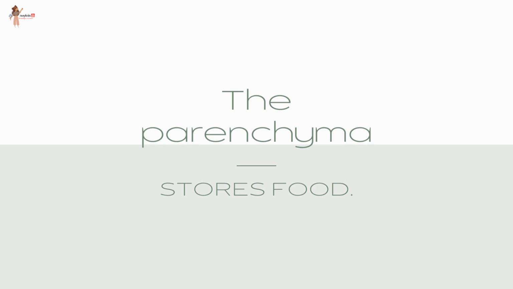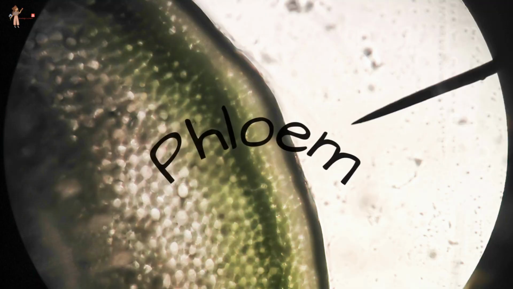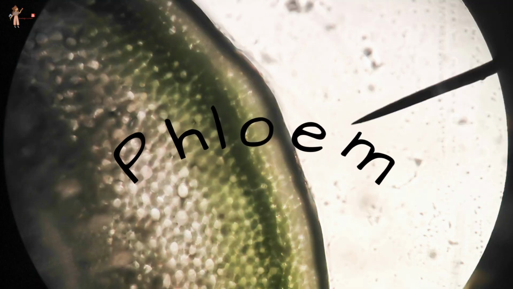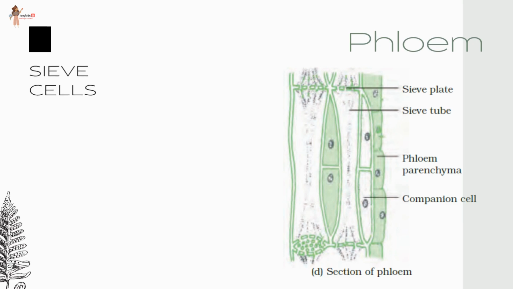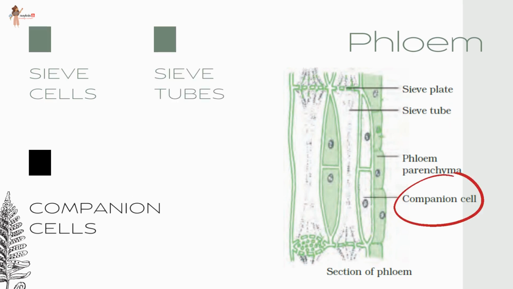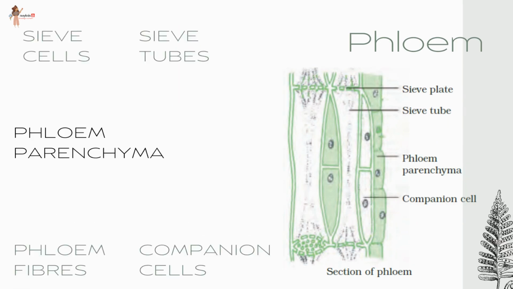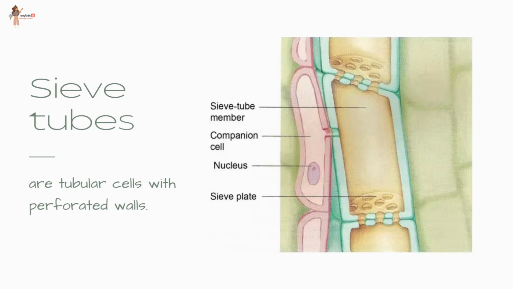The parenchyma stores food. Xylem fibers are mainly supportive in function. Phloem is made up of five types of cells: sieve cells, sieve tubes, companion cells, phloem fibers, and the phloem parenchyma.